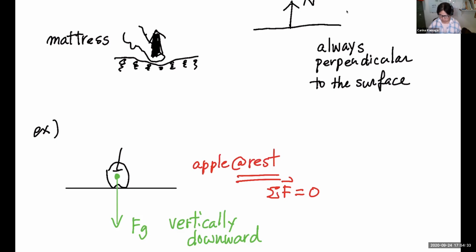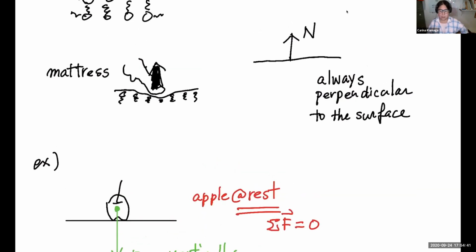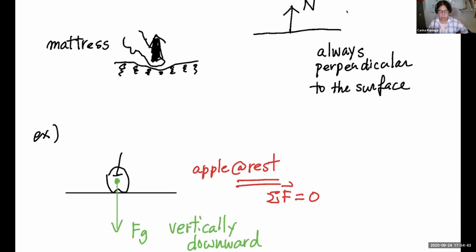What is the direction of this normal force? Over here, it says always perpendicular to the surface. So in this case, you're going to draw something like this. Uh-oh, that's not what I meant. Like that.